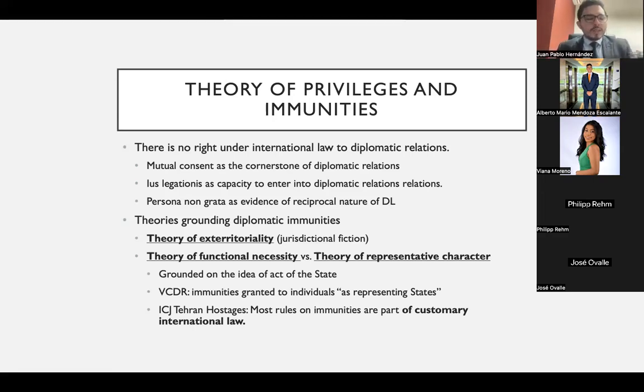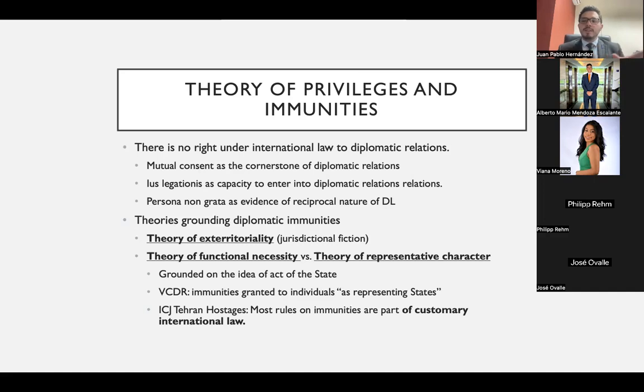Now, what is really the theoretical grounding of diplomatic immunities in this respect? What one can point out in this context is that there are three basic theories that describe the grounding of diplomatic and consular immunities. The first theory is the theory of exterritoriality, also called the theory of extraterritoriality, which is a jurisdictional fiction, according to which the premises of the mission is to be regarded as not part of the territory of the territorial state, but rather part of the territory of the sending state.